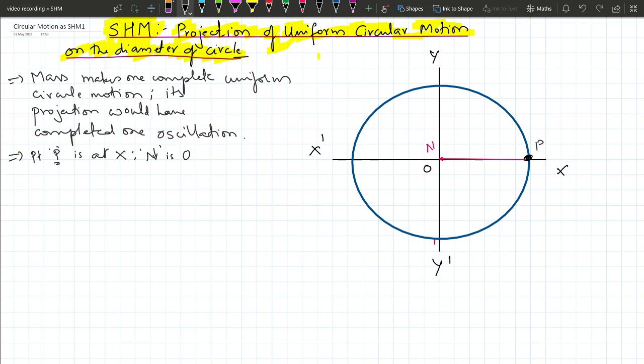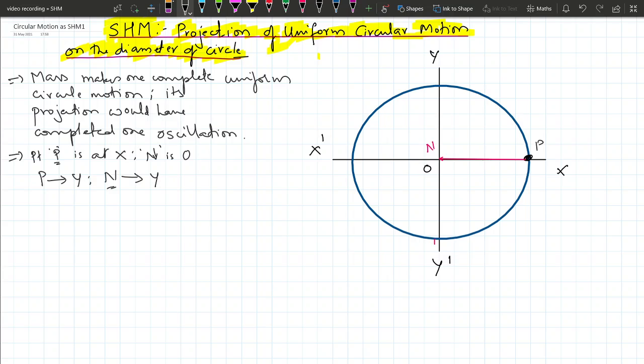This is the initial point, and this is the first quadrant. As the point P slowly moves towards Y, the projection N will also move towards Y.